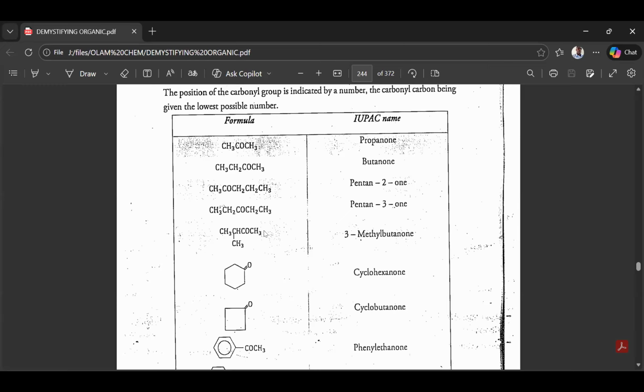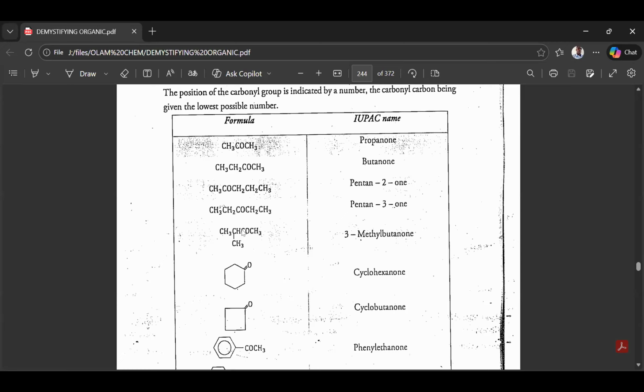The mother alkane with 4 carbon atoms is called butane. But because the carbonyl group here is not attached to any hydrogen atom, therefore it is becoming butanone. But this butanone has a side group, a methyl group, attached to one carbon atom. So we are counting from where there is the lowest number, so we are going to give it position 3.